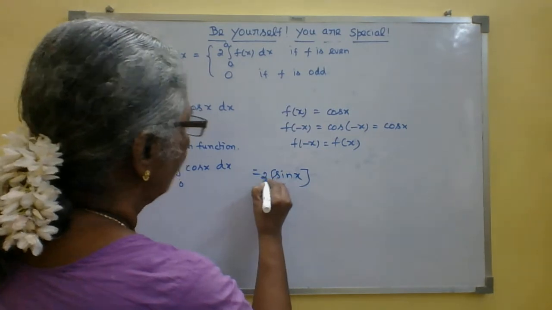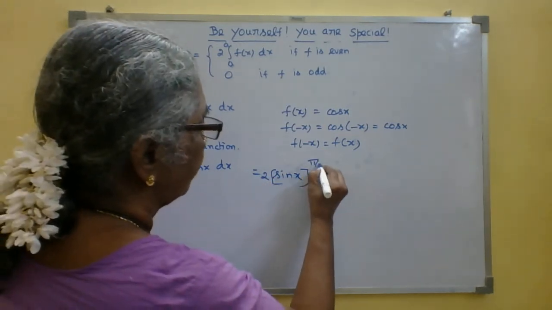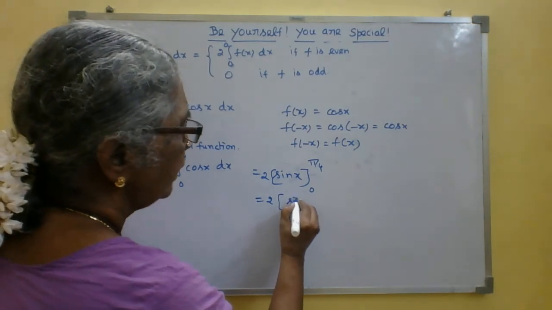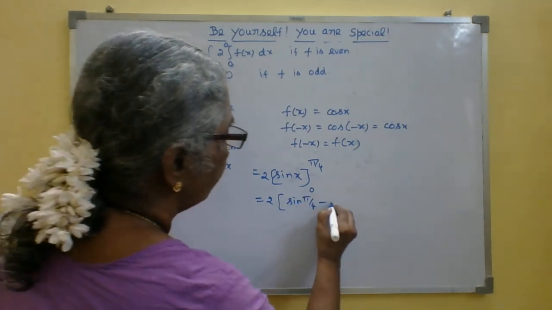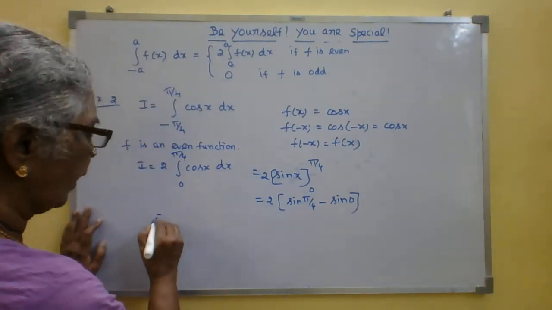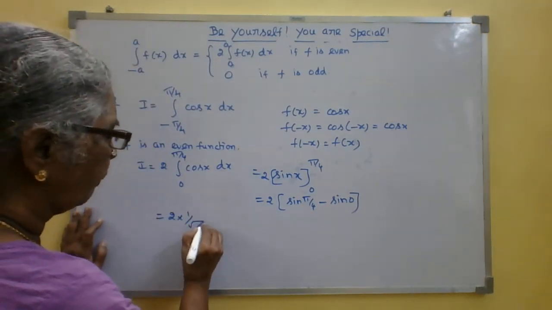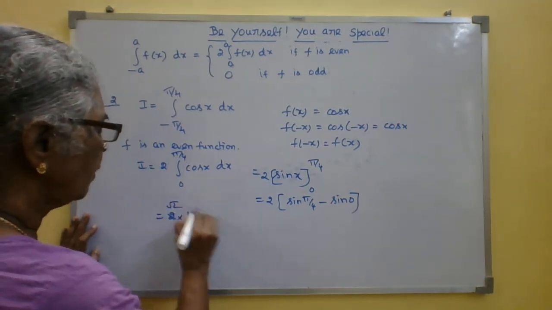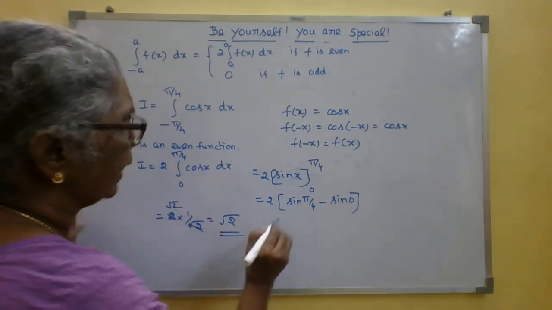You have a 2, write it here, 0 to pi by 4. So now you will get 2 into sin pi by 4 minus sin 0. Sin pi by 4 is 1 by root 2. So 2 into 1 by root 2. Sin 0 is 0. So you will get here root 2. So root 2 is the answer.